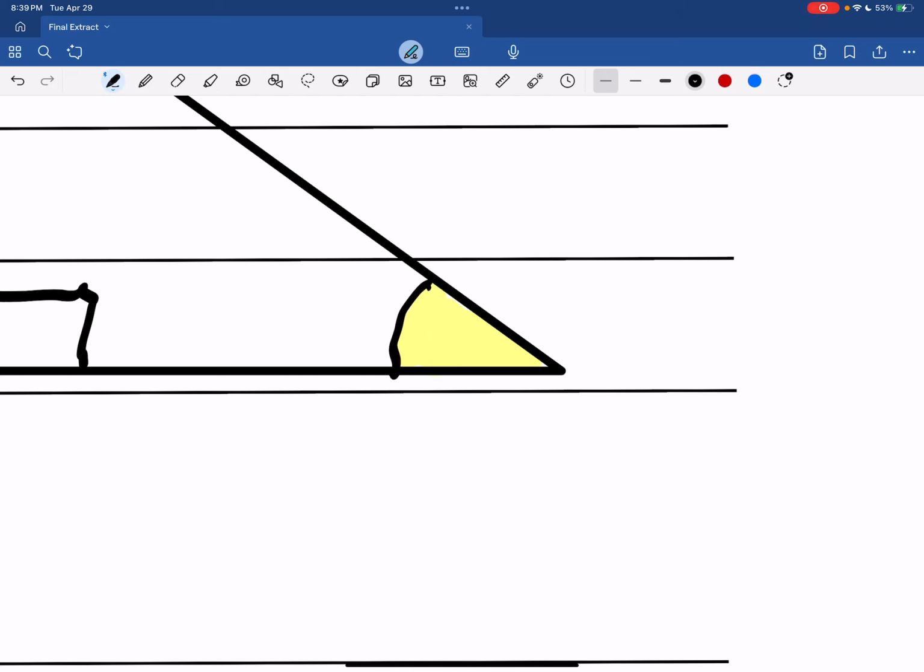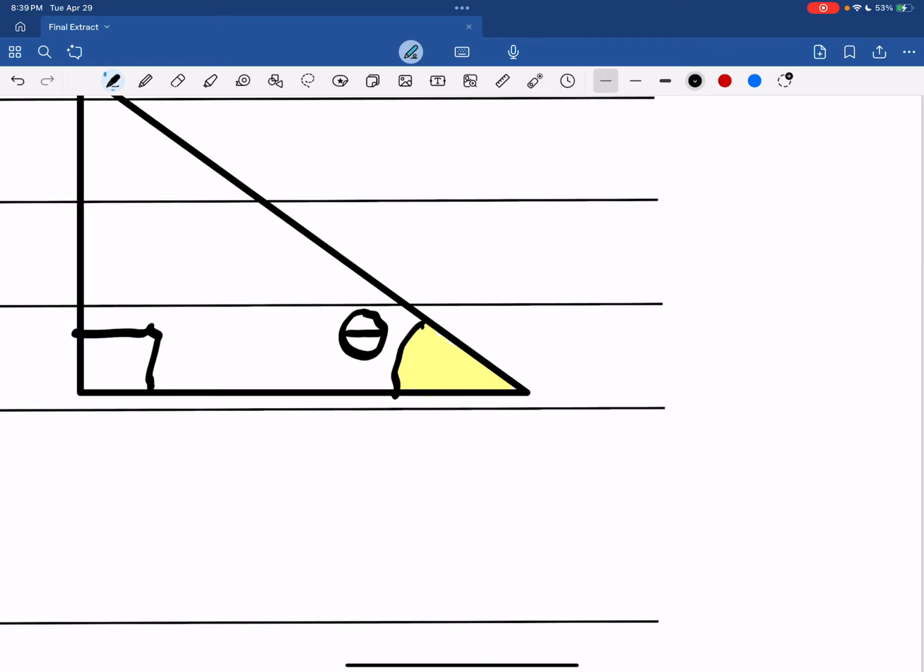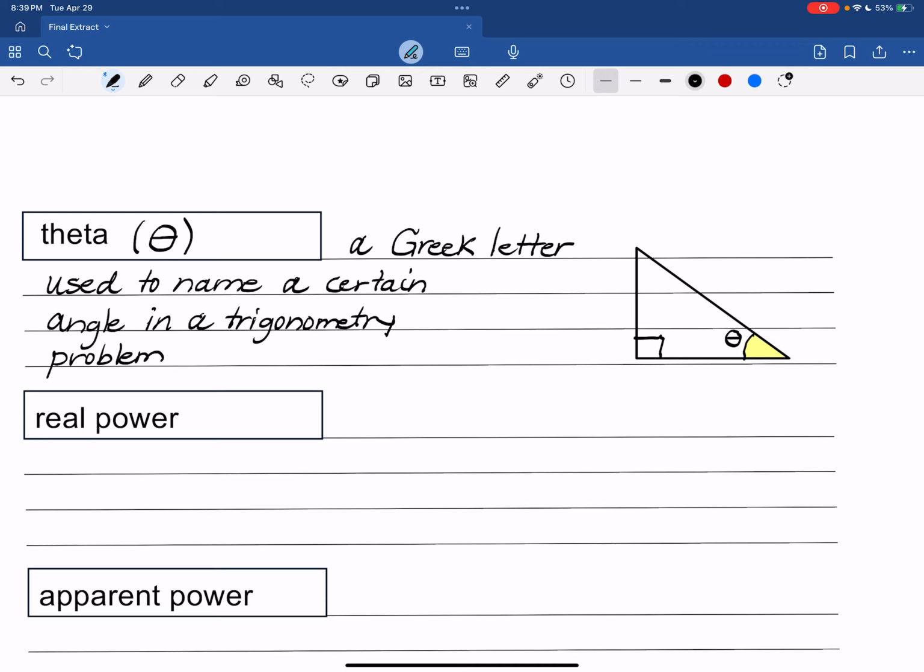And let's name it theta. Okay, that's pronounced theta. It's a Greek letter used to name a certain angle in a trigonometry problem. And by the time we get finished with trigonometry, you will be very familiar with theta.